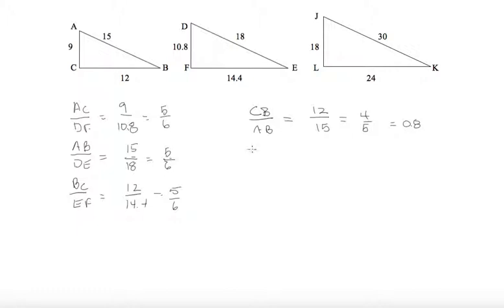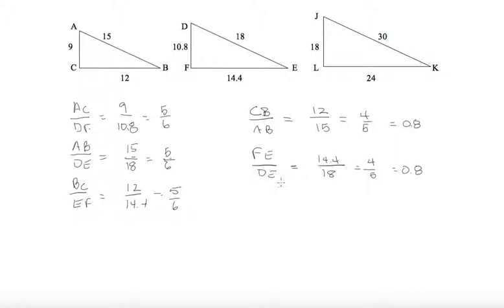Now if we look at FE, the corresponding side, the base, and we compare it to the hypotenuse of that triangle, DE, you get 14.4 over 18, which again is 4/5, or 0.8 if you just throw it into your calculator.